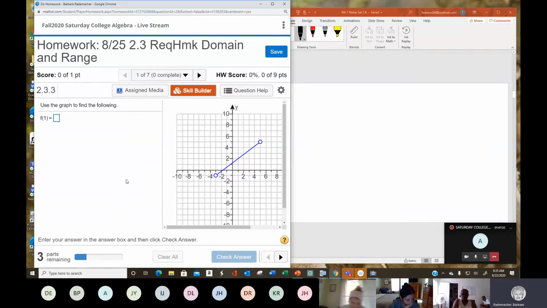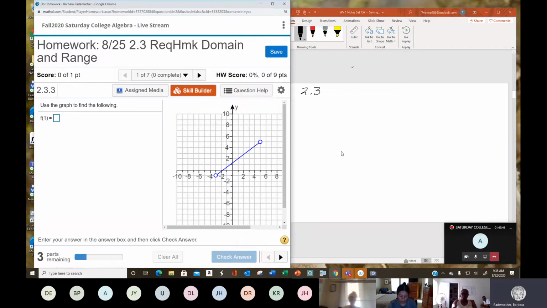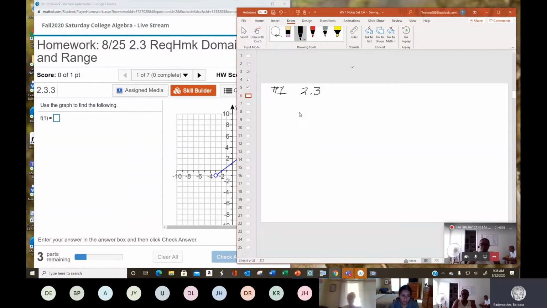The first thing we're being asked, looking at this graph on number 1 in 2.3, is what f of 1 is. That would be easy if we had a formula for the function, but we don't. All we have is a drawing.